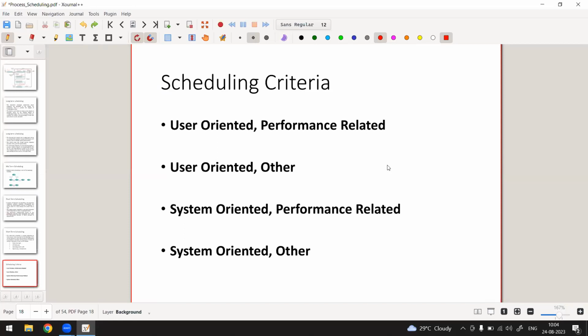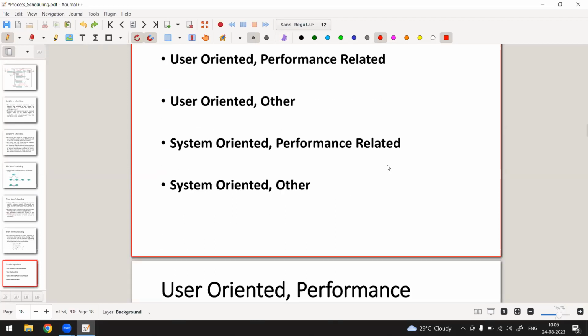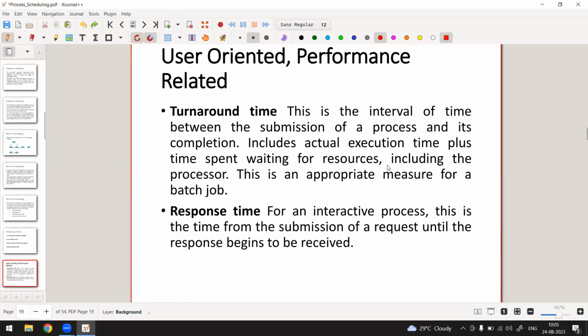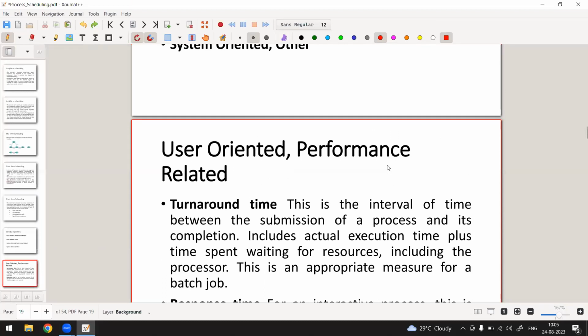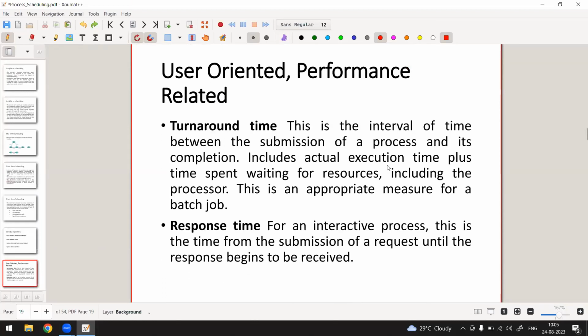Another criterion is time, meaning that all the lectures should be given the same time duration. So depending upon the scheduling criteria, it is classified in one of these types. Let's see each of these criteria one by one.